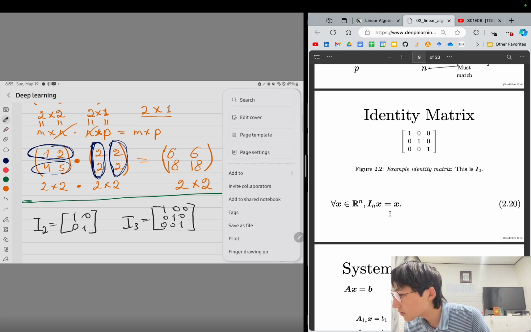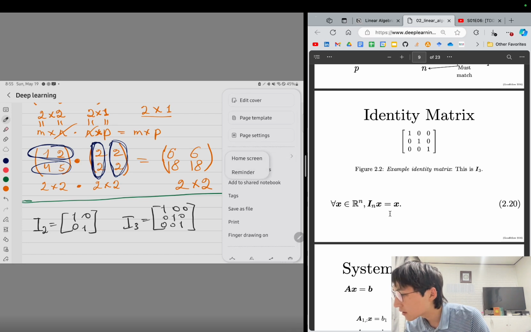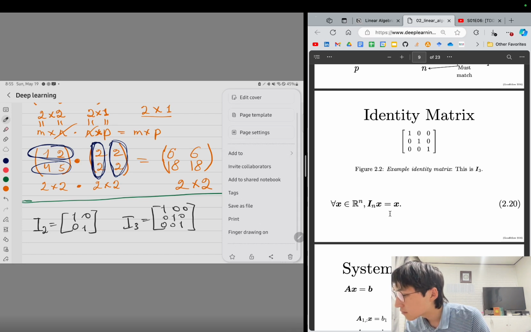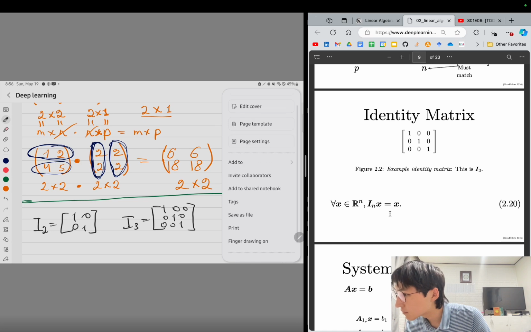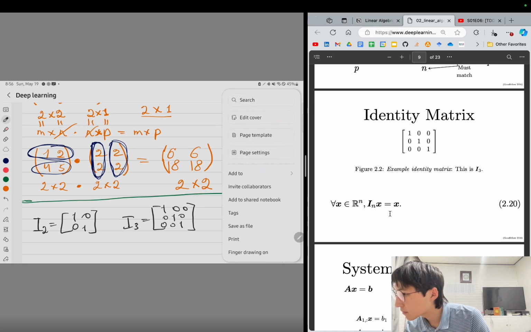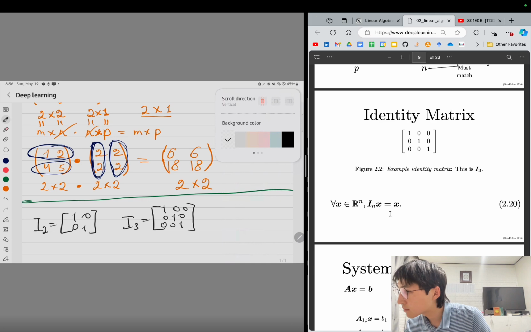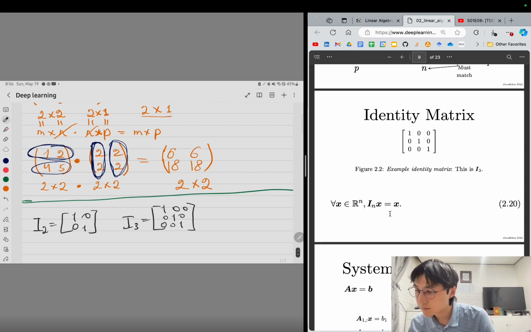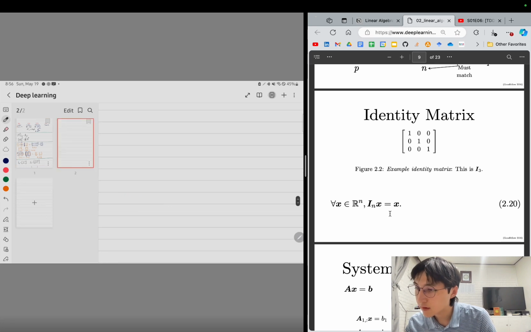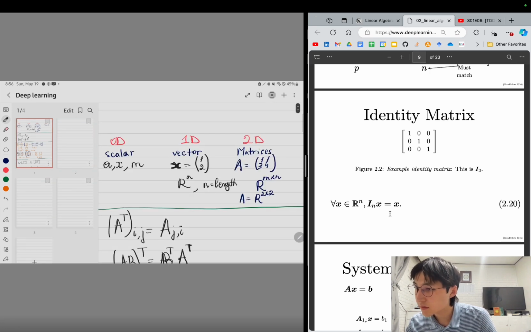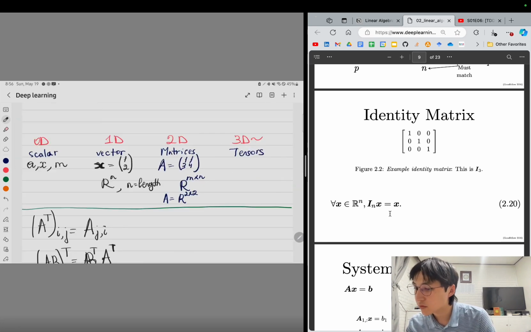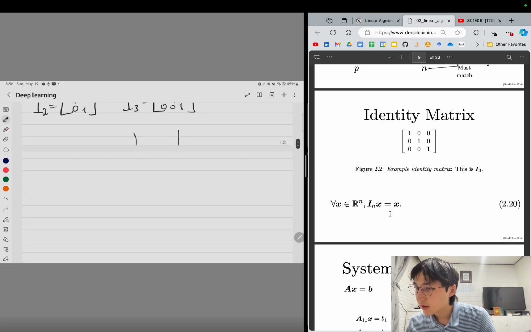Page settings, add, text, save, print. Okay, I am adding new pages. That's good. We figured out how to add a new page here. Okay.